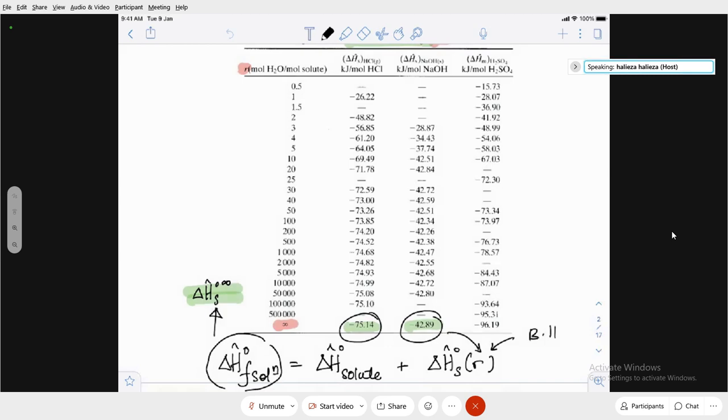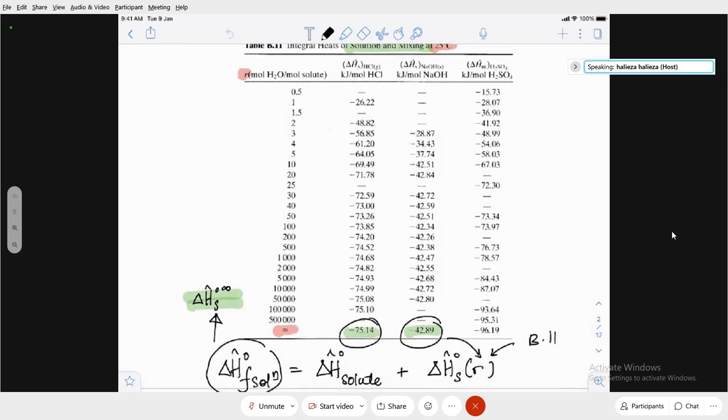No, this is only the heat of mixing or solution. For hydrogen chloride, the value at infinite dilution is negative 75.14. So this is only the H of solution, guys. Sorry, not F, subscript S. Solution, not formation. So that's minus 75.14.